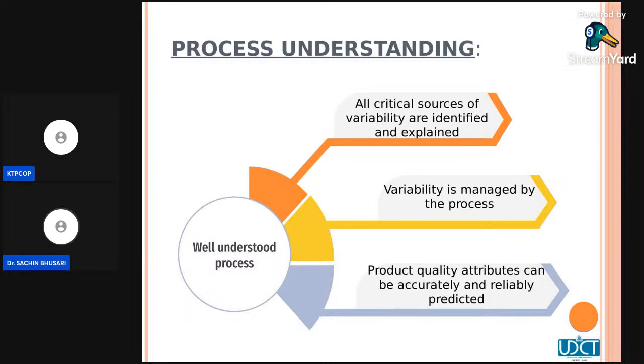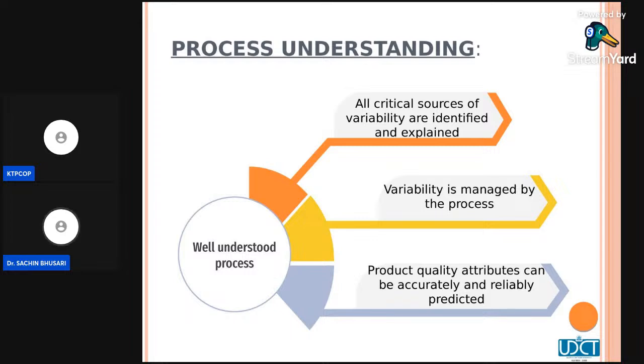And the third arm of understanding the process is that I must know the final product quality attributes, whether I am getting the 99.9% assay, whether I am getting the free flowing material, whether I am getting the material with a crystal size of this much size, very specific, whether I am getting the CARS index, flammability, and all these parameters.